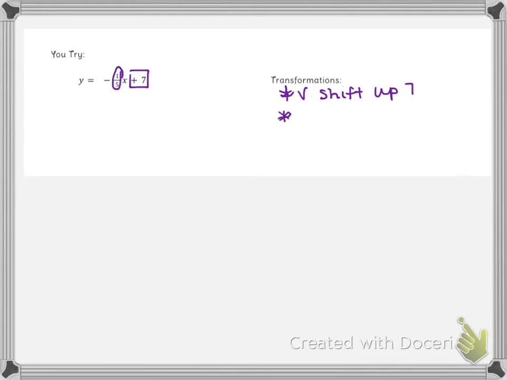Good. It's a shrink because that number is less than 1. So this is a vertical shrink by, and then I don't say 1/5, I flip it. I say 5. A vertical shrink by 5. And then the negative sign is a reflection over the x-axis.